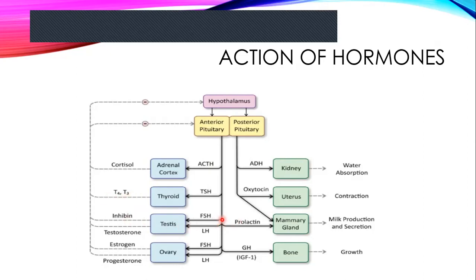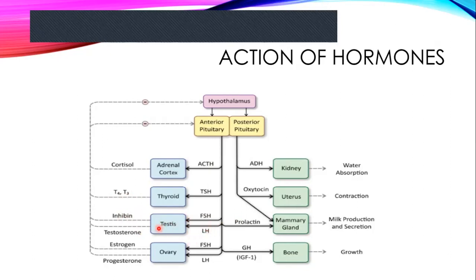Then FSH in males influences the testes to produce inhibin. The inhibin is produced by the Sertoli cells.